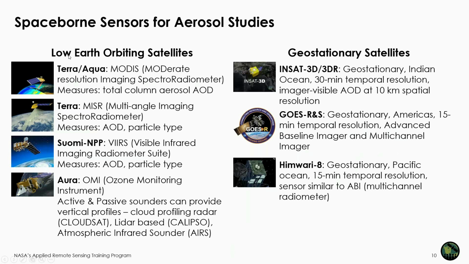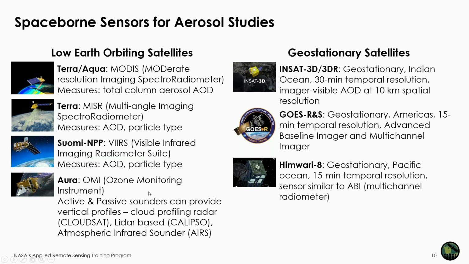Now, as has been told in previous talks, satellite remote sensing can be done from two different platforms. You had an extensive first lecture by Pawan on geostationary platforms and satellites. So there are the low Earth orbiting satellites, or LEO, where you have MODIS, Aqua, and Terra, MISR, NPP, VIIRS, and OMI, the ozone monitoring instrument on Aura. All these observations are done from LEO satellites, and they go from pole to pole.